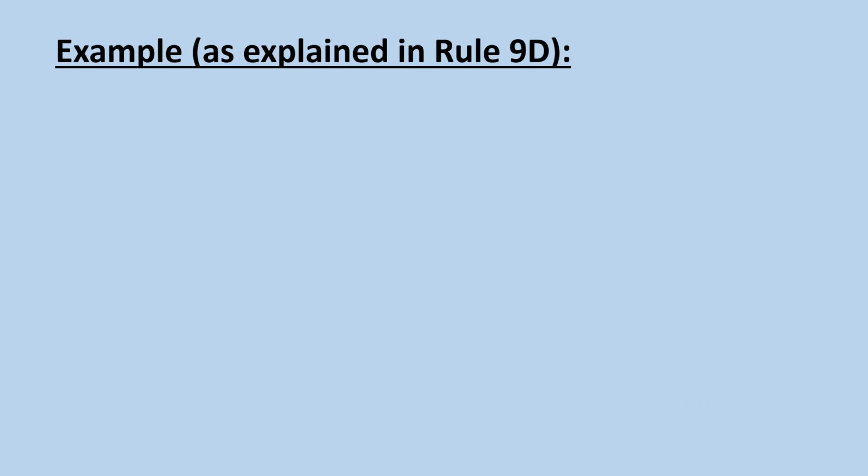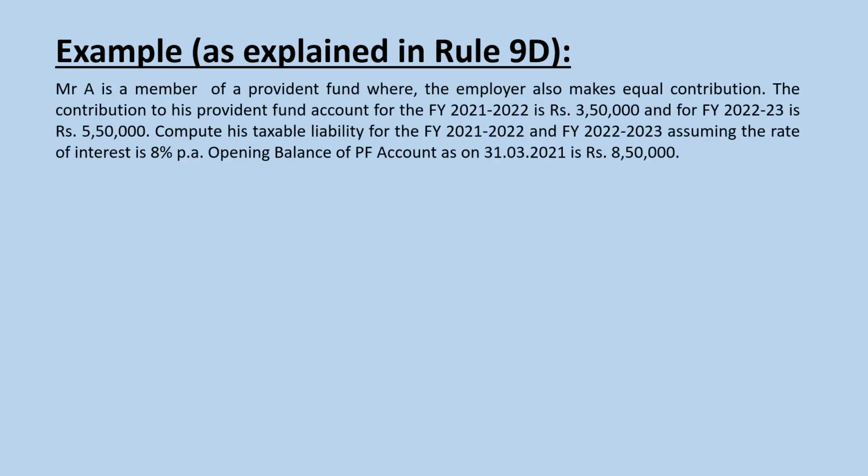Let us understand this with the help of an example, which is explained in Rule 9D of Income Tax Rules 1962. Mr. A is a member of a provident fund where the employer also makes an equal contribution. The contribution to his provident fund account for the financial year 21-22 is 3,50,000 and for the financial year 22-23 is 5,50,000.